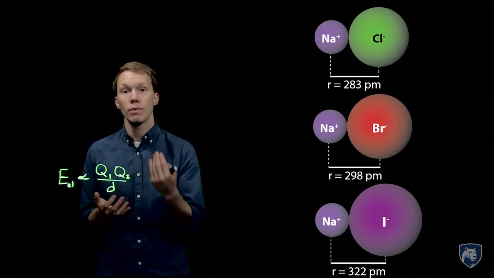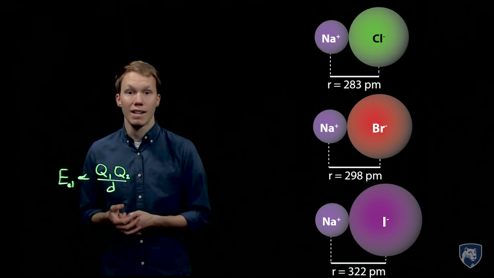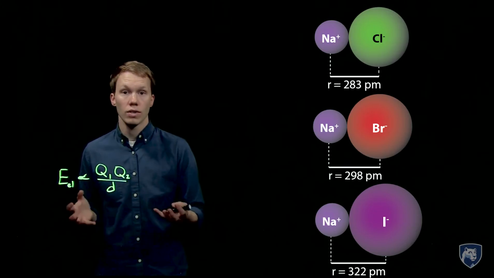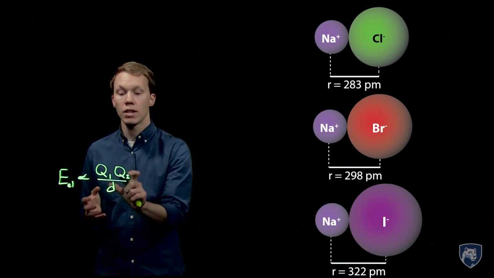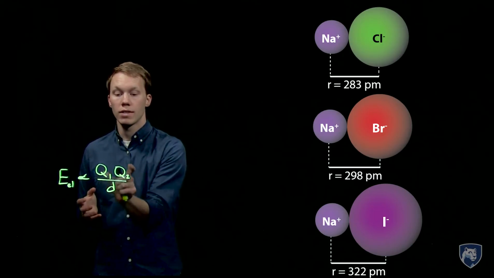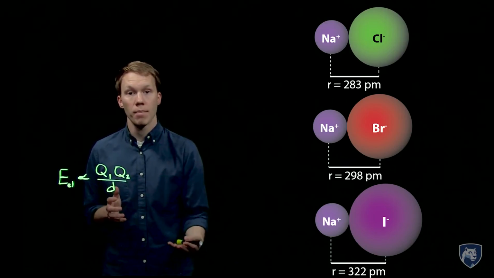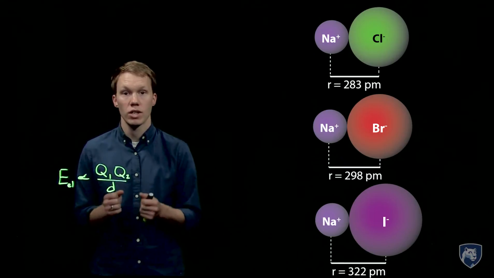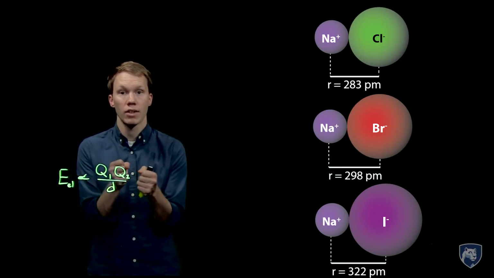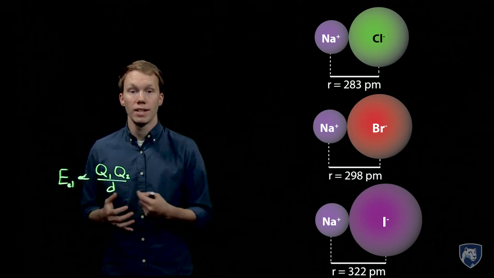So as we move down a group, ions are going to increase in size. And the larger those ions are, the larger this distance is. Distance in the denominator being large would cause this term to be overall small. So ions that are separated by a larger distance will have a smaller electrostatic potential energy, a smaller force holding them together. Their melting points will be lower. And we can see that from the data presented here.